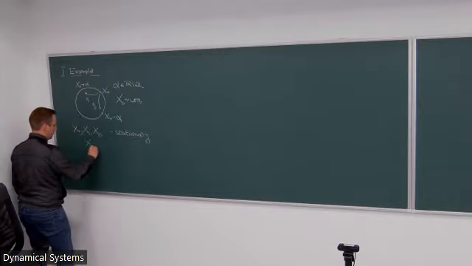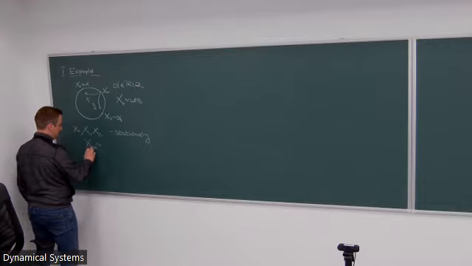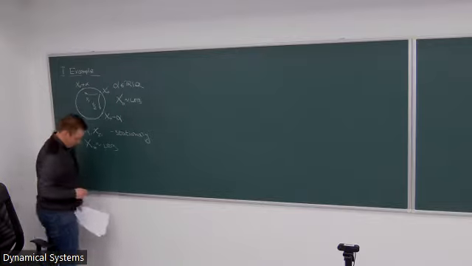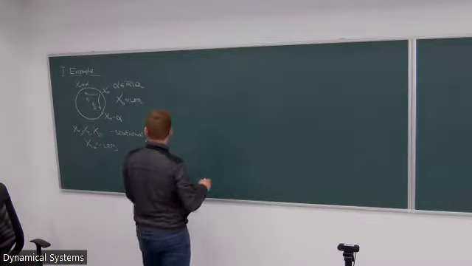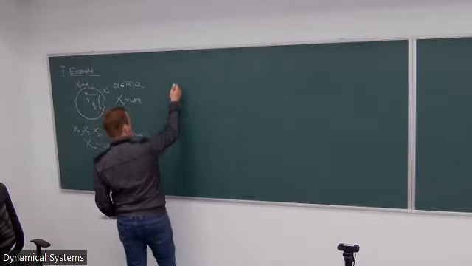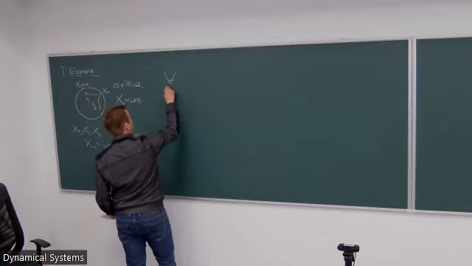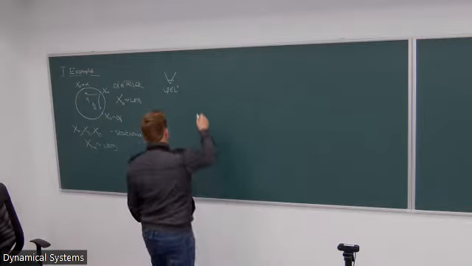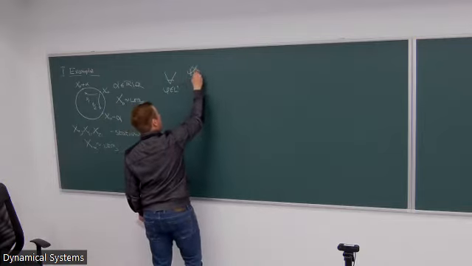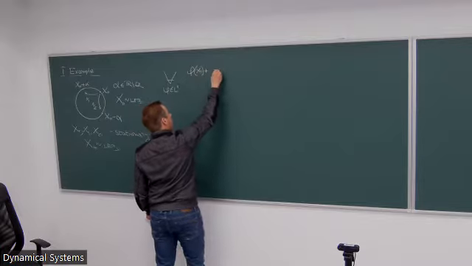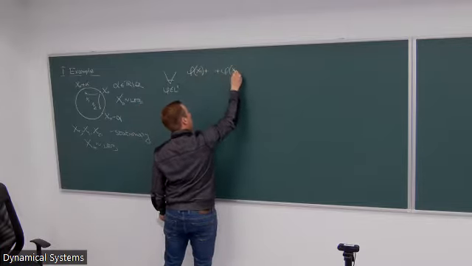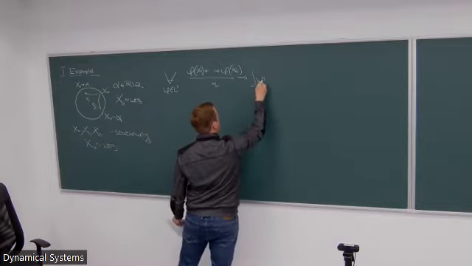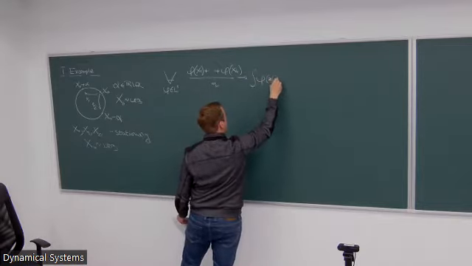Which means that the distribution of xn, our position after n steps, is also given by the Lebesgue measure. The Birkhoff ergodic theorem implies that for every function phi that is integrable with respect to the Lebesgue measure, the average of phi of x1 and so on tends almost surely to the integral of phi with respect to the Lebesgue measure.